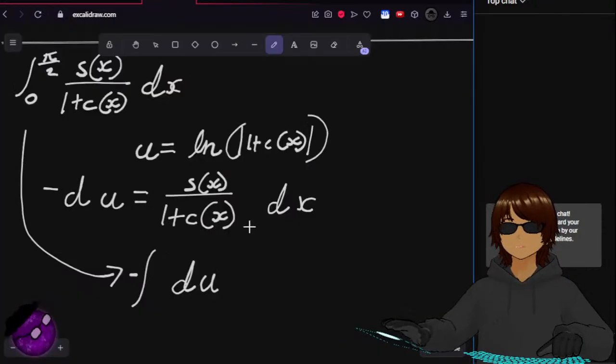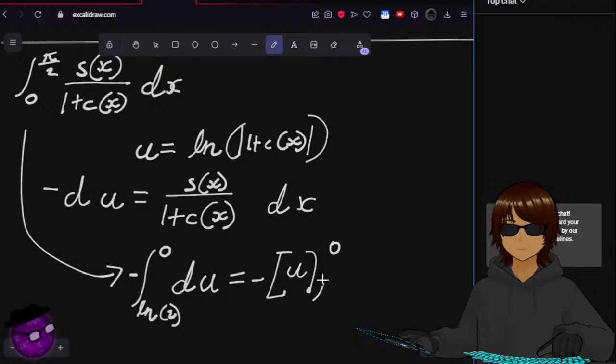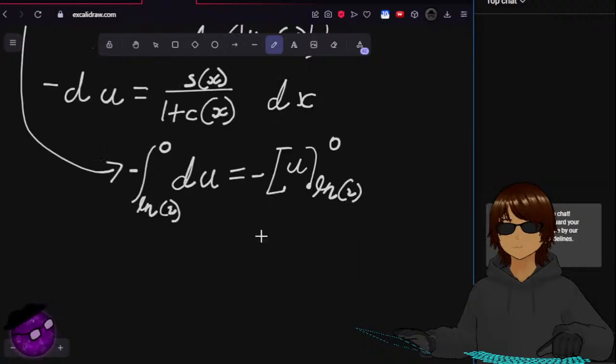Ln of 1 is 0. Cos 0 is 1, plus 1 gives ln of 2. And then we are left with ln of 2. So 0 minus ln of 2.